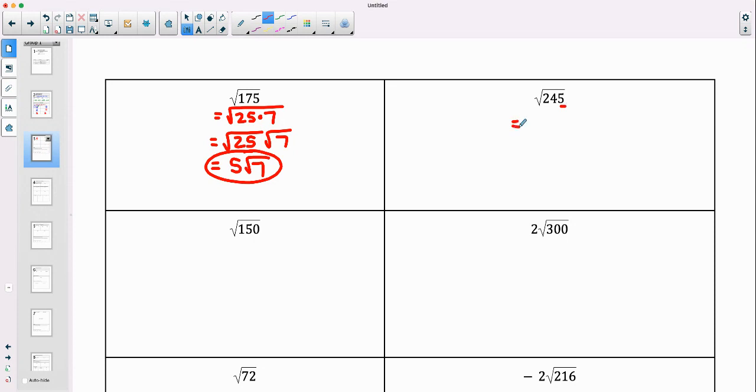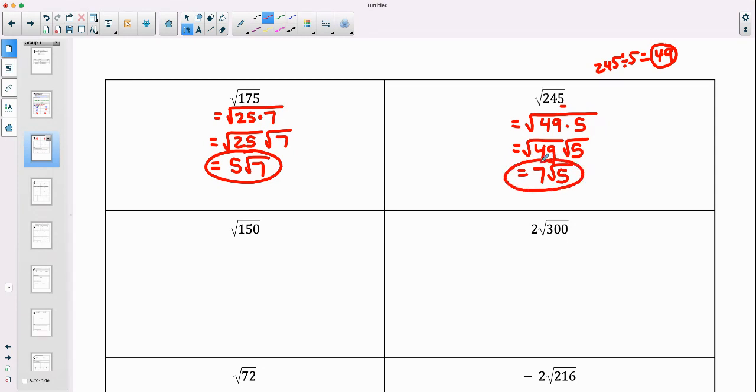So if you do 245 divided by 5, that's 49. And 49 is in your list. That's a perfect square. So we want to write this one as 49 times 5 so that we can pull out a square root of 49 out front, which is 7. 7 square root of 5.